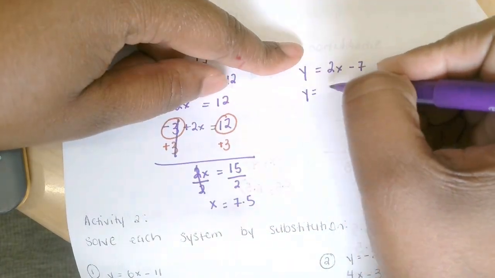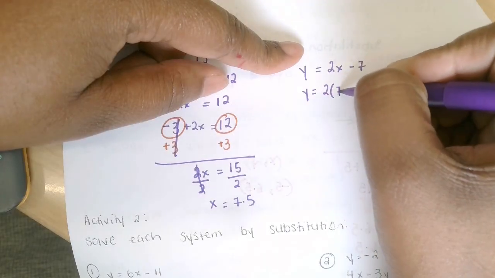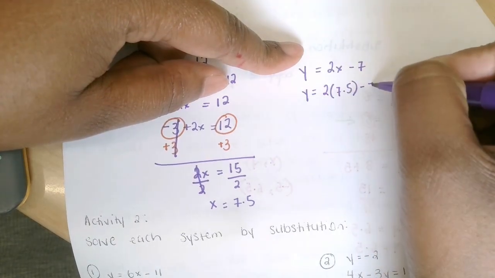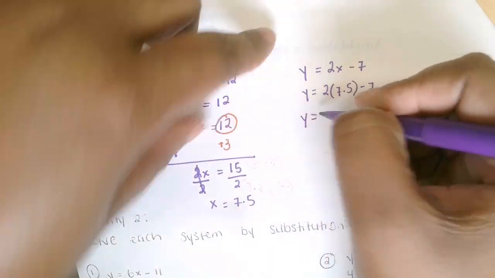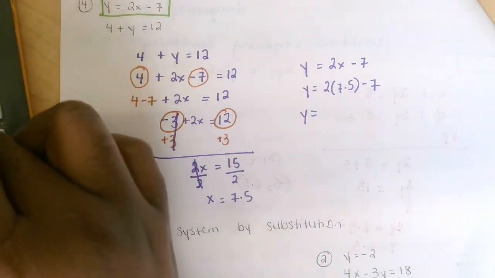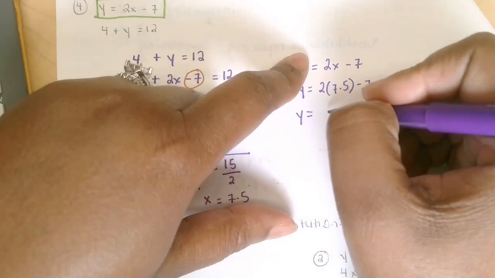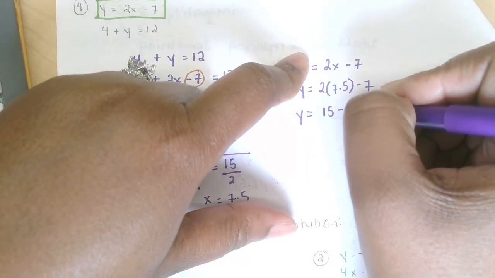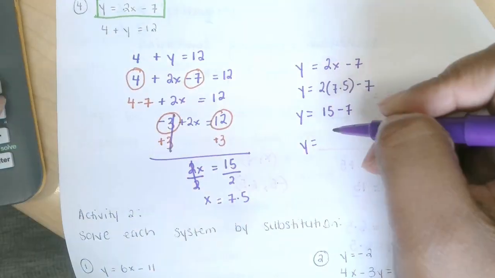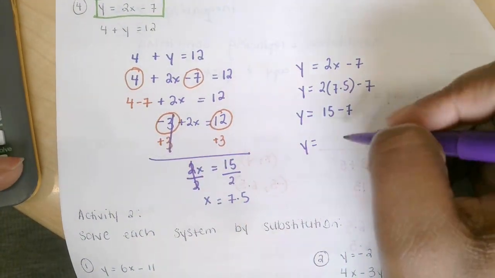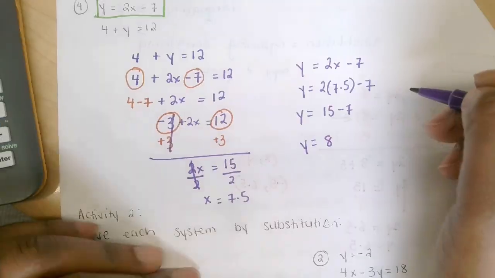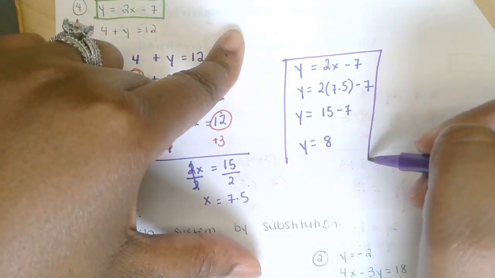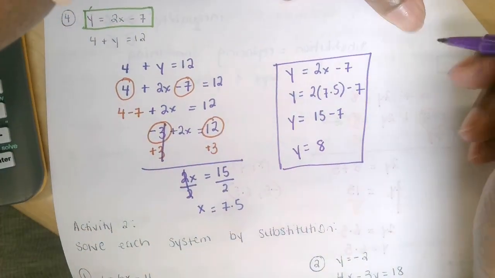So y is equal to 2 times 7.5 minus 7. Y is equal to 2 times 7.5 equal 15 minus 7. And that is equal to 8. So this is one way you can find y.